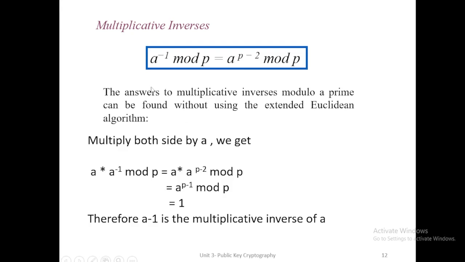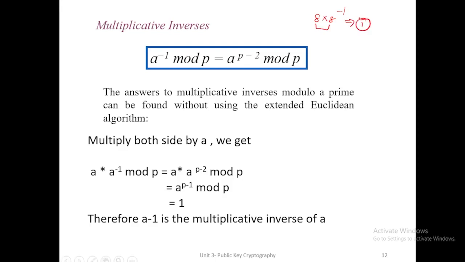Let us take the first value, the LHS portion, a^-1 mod p, and calculate the value. Take 8 inverse, which is the multiplicative inverse of 8. If you multiply a number and its multiplicative inverse, the answer should be 1.